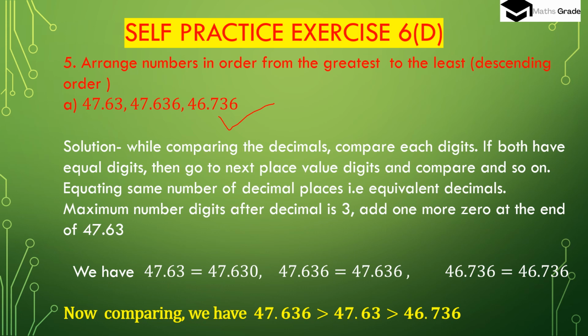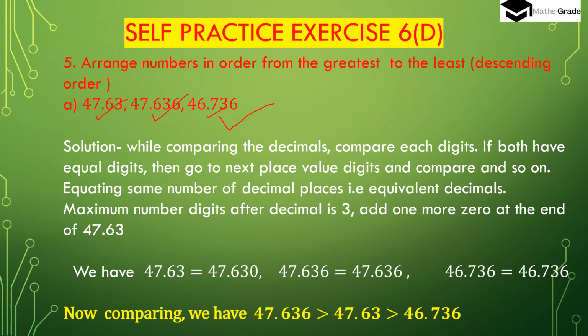Here in the decimal 47.636, after the decimal point there are 3 digits: 6, 3 and 6. In 47.63, 2 digits are there, and in 46.736, 3 digits are there after the decimal. So we have to convert the decimal 47.63 into a like decimal by adding a 0 after the decimal point.